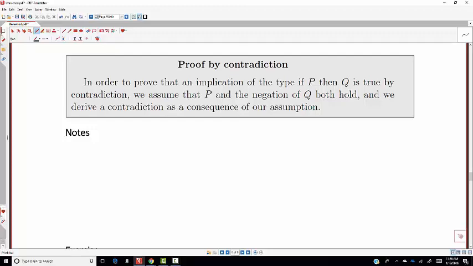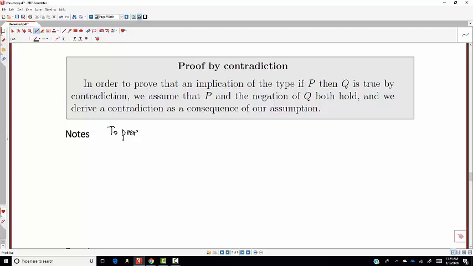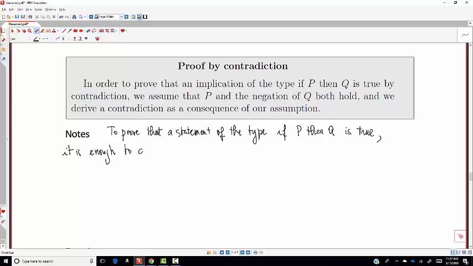So again, to summarize what I just said, to prove that a statement of the type if P then Q is true, it is enough to show that the statement P and not Q is false.